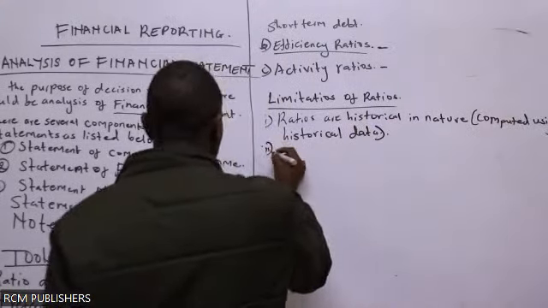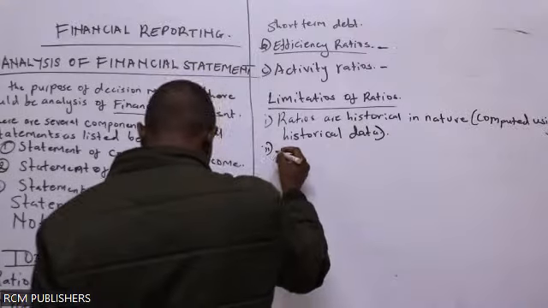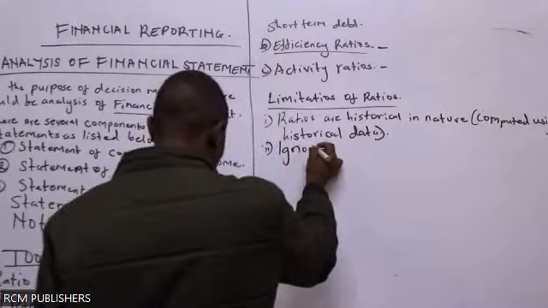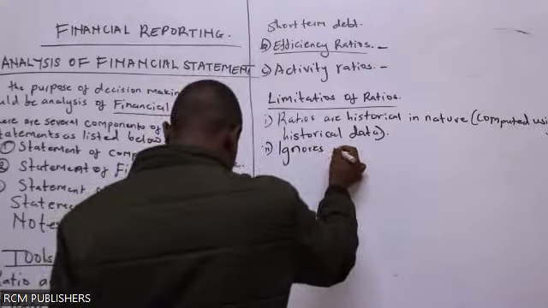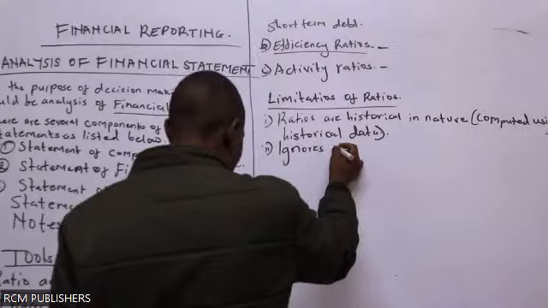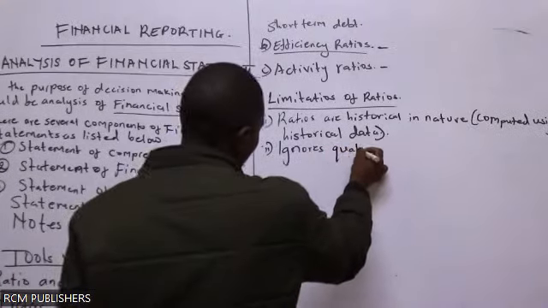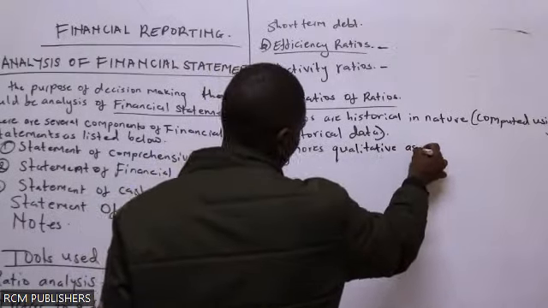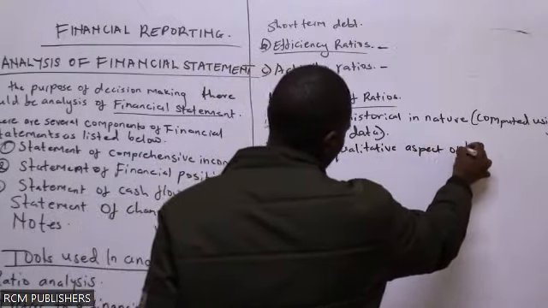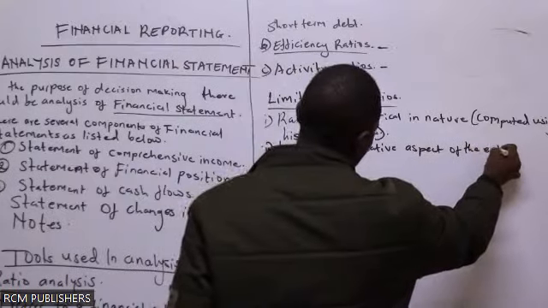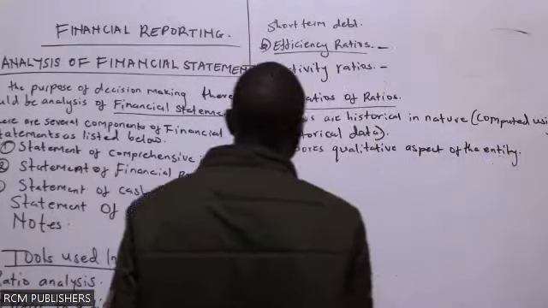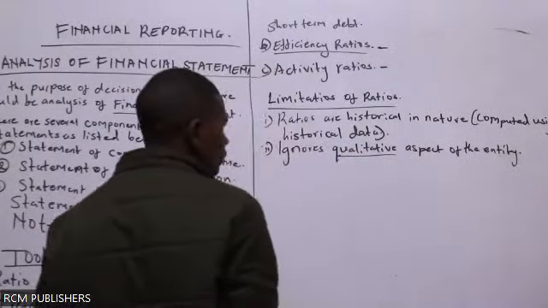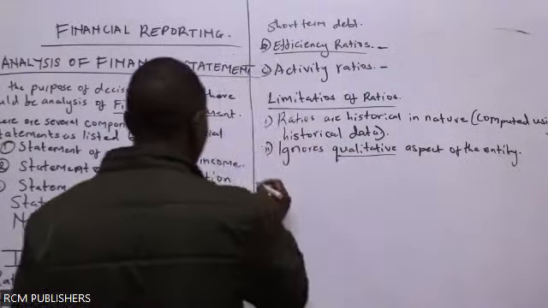Two, another limitation of ratios is that they ignore the qualitative aspect of the entity. So it can go with the quantitative.